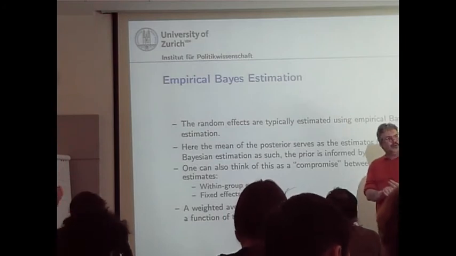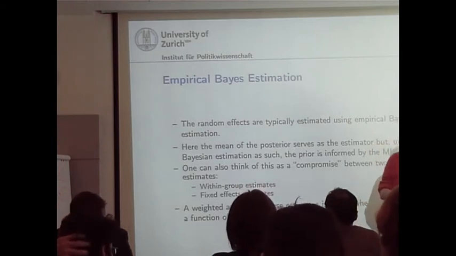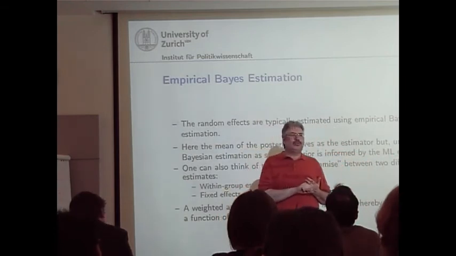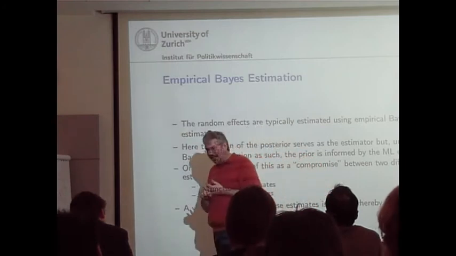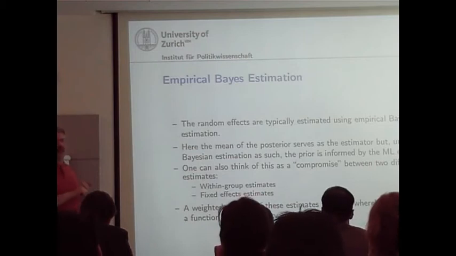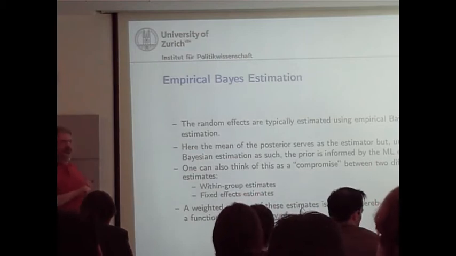So that's what is empirical about it. It's sort of like, in a strict Bayesian world, the posterior is formulated before you ever look at the data. In this empirical Bayes world, you create the posterior after you've looked at the data, because you're using information from the data.